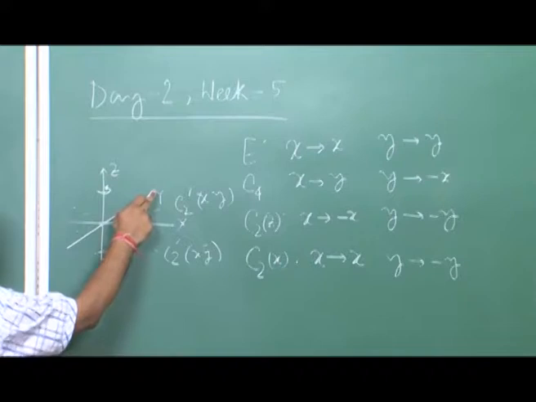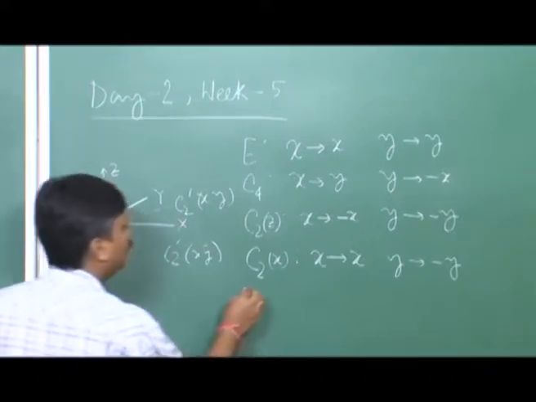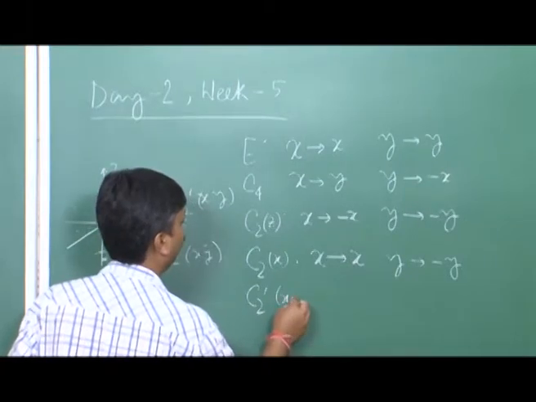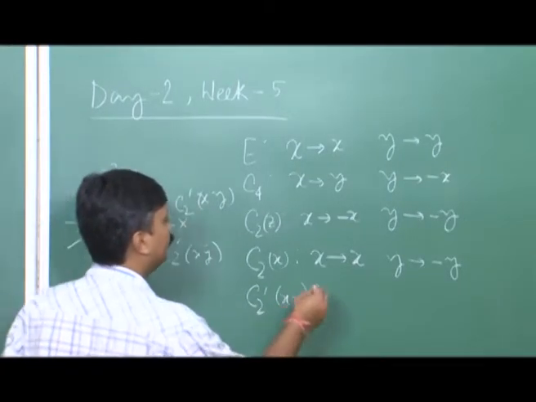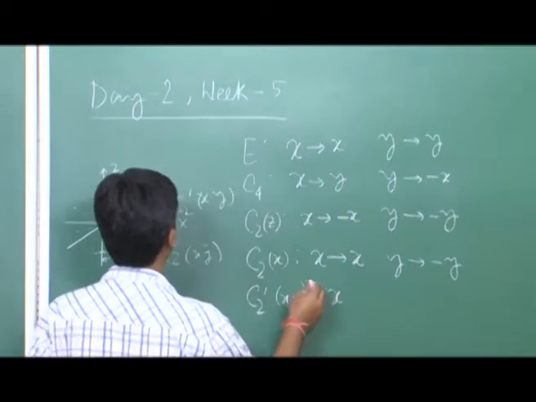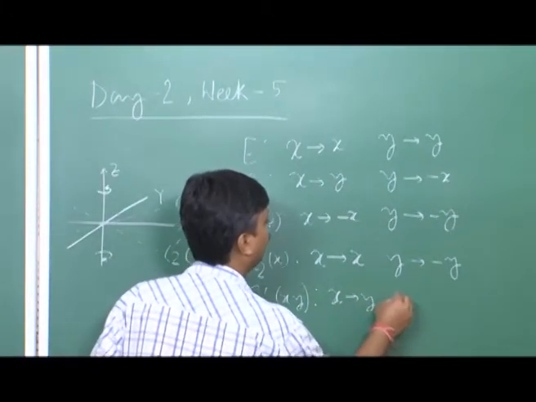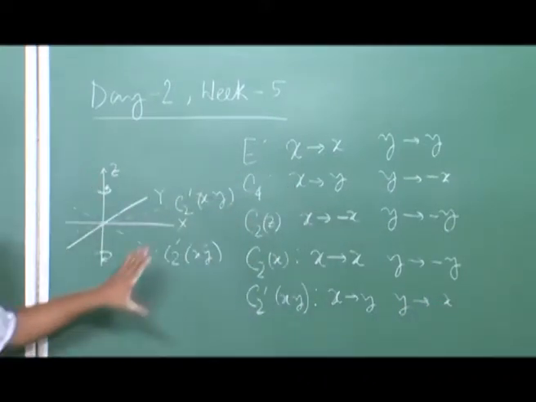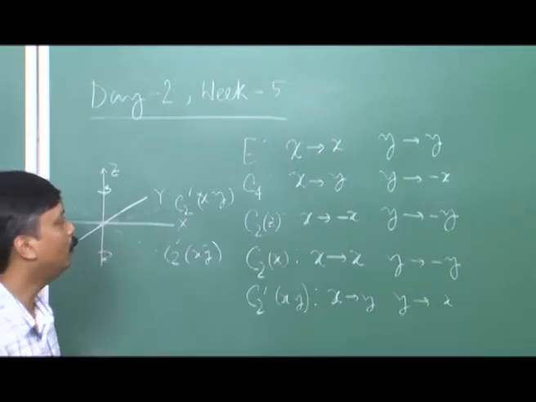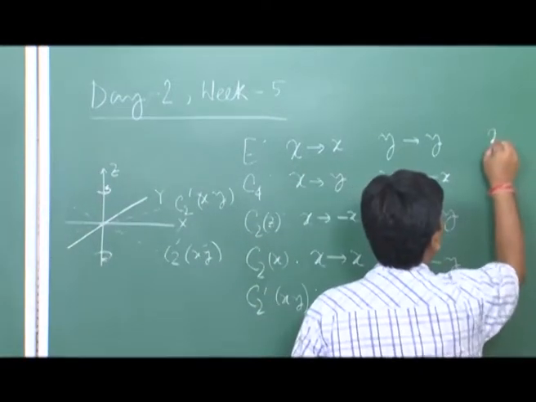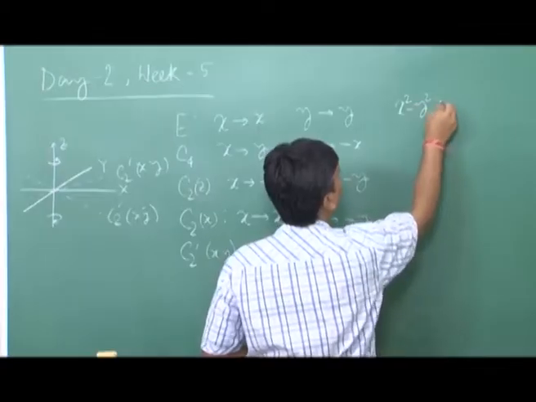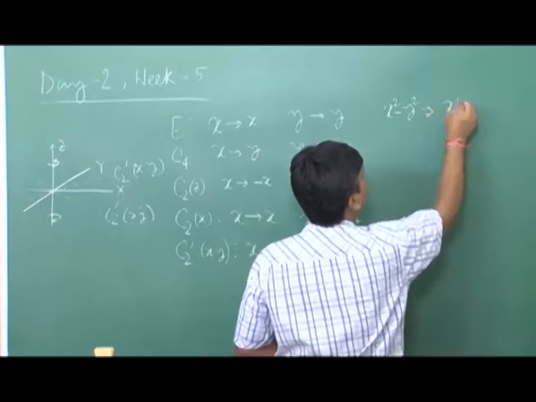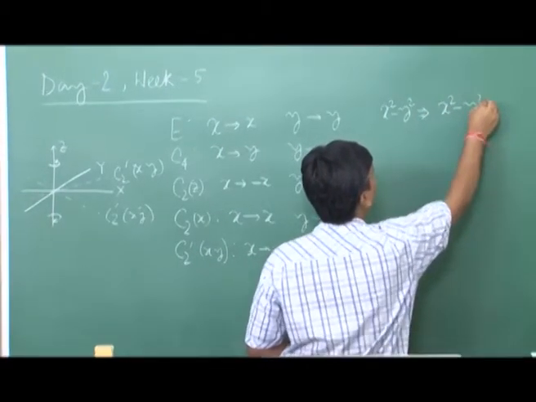X will become y and y will become x, right? Now if I know this one, I can easily find out what will happen to x square minus y square. Okay, so here nothing is changing, so I will have x square minus y square when I operate E on that.